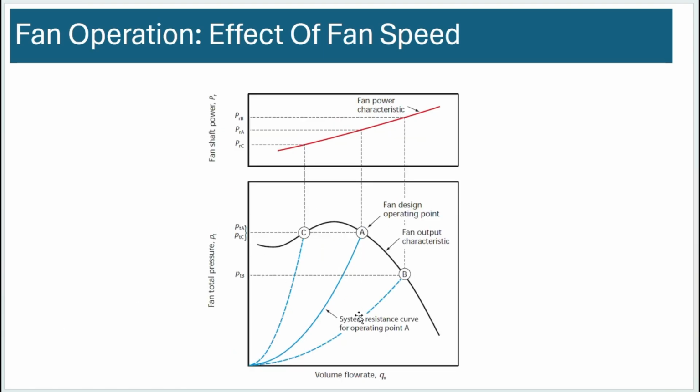If the system resistance changes towards the left, it's increasing. Towards the right, the system resistance is decreasing. If you increase the resistance, your flow rate will be lower. If you decrease the resistance, your flow rate will be higher, because the point of intersection is here. All right.